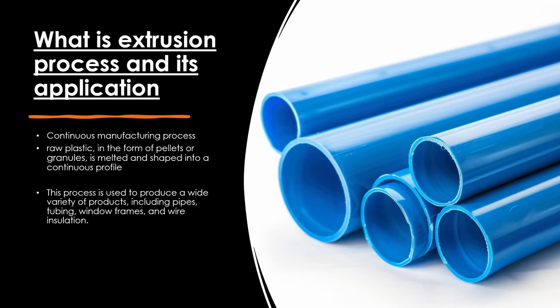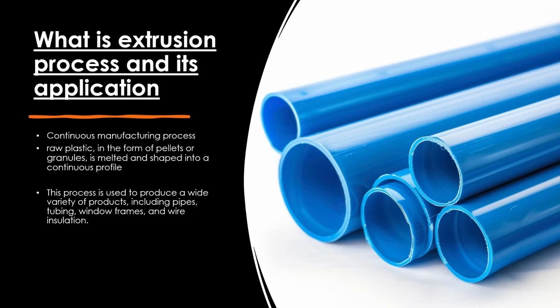The plastic extrusion process is a continuous manufacturing process where we use raw plastic in the form of pellets, granules, or powder. We melt the material using the extruder and send it to the die, and the die creates different types of plastic sections.